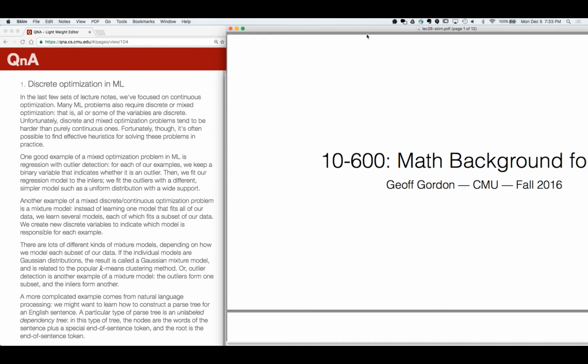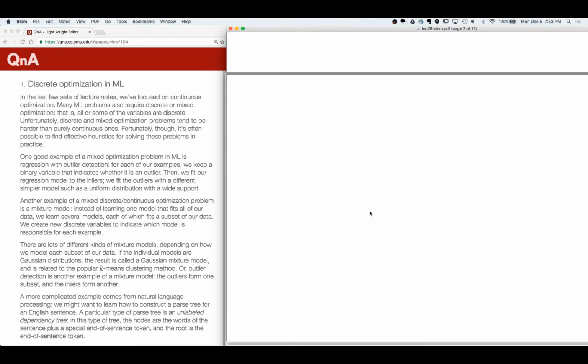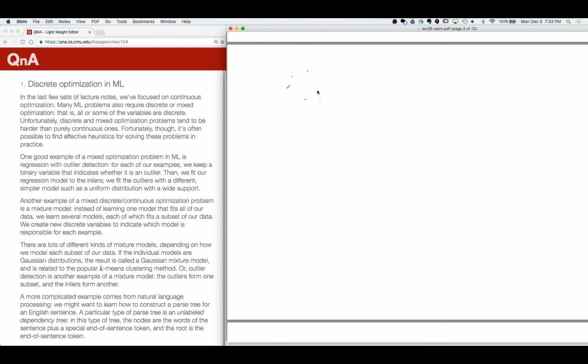So if your data looks like that, a Gaussian might be appropriate, but if your data has another group of points over there that doesn't look so Gaussian, especially if you've got extra density in the middle here, you might want to fit two Gaussians to this data.